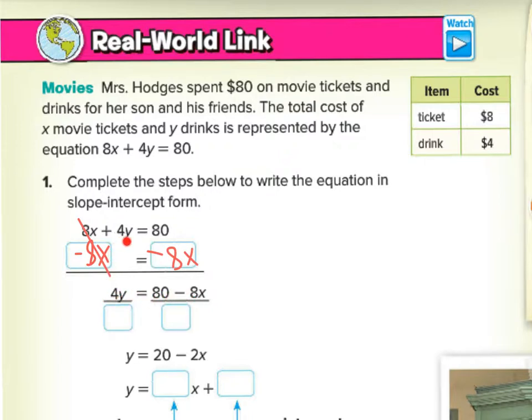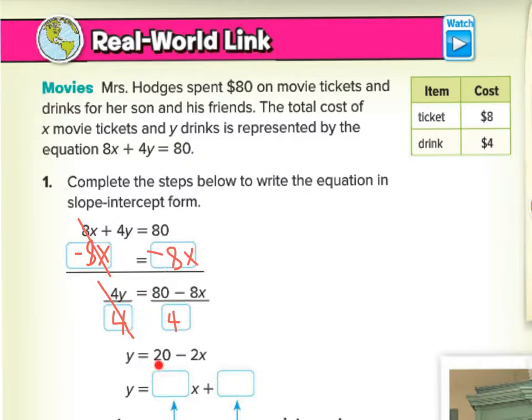Well, now I want to continue to isolate my y, so I'm going to divide both sides by 4. When I divide this side by 4, the 4 is gone, and I'm just left with y. On this side I'm going to divide by 4 as well. So 80 divided by 4 will be 20, and negative 8 divided by 4 is going to be negative 2. And there it is. It's written, well, not quite actually.